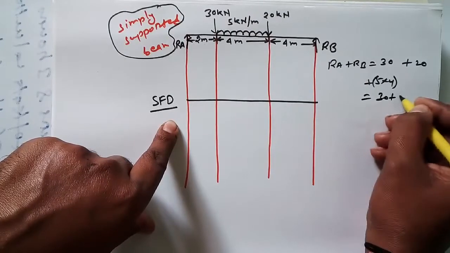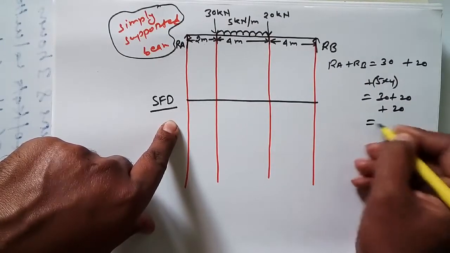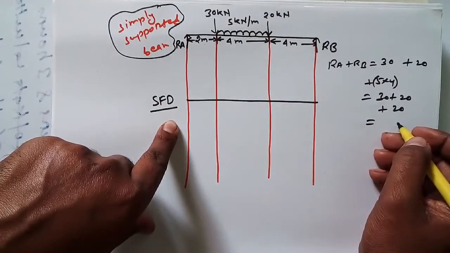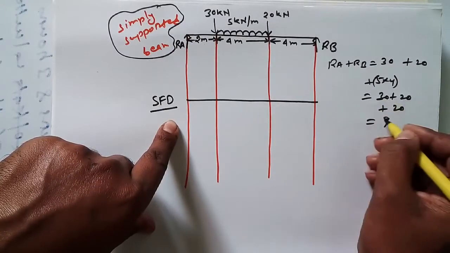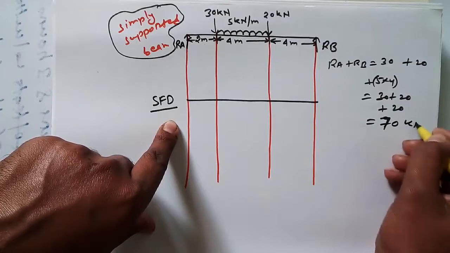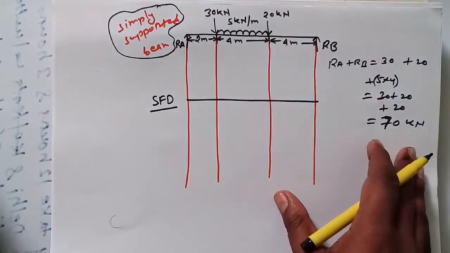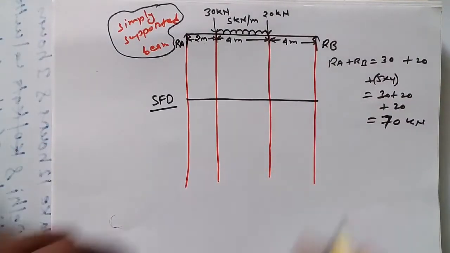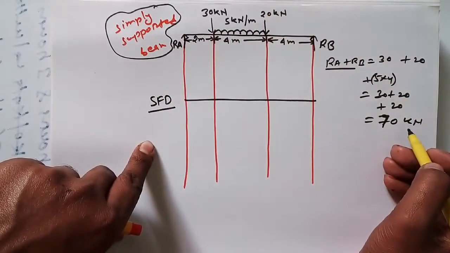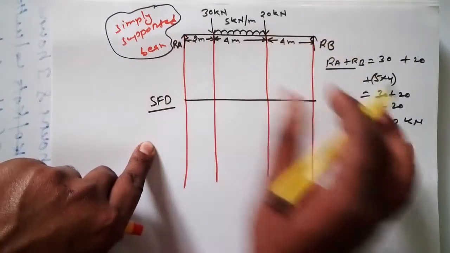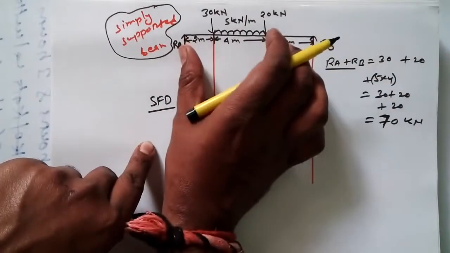So 30 plus 20 plus 20, 50 plus 20, 70 kilonewton. So the total load acting on this beam is 70 kilonewton, so the total reaction force would be 70 kilonewton to balance this beam.